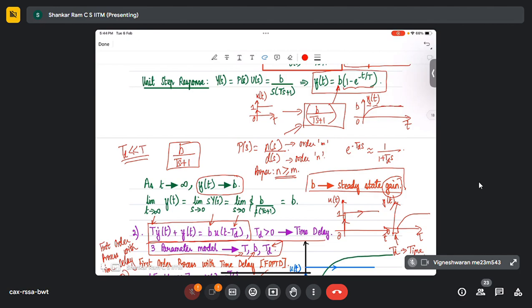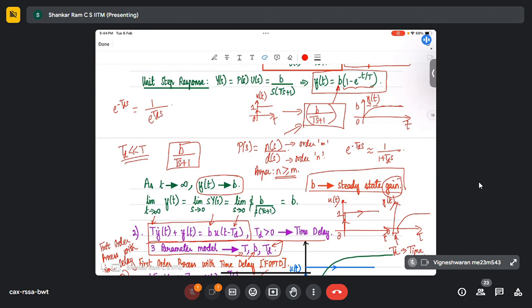Sir, actually, if we write e power minus TDS equal to 1 by e power TDS, that will go into the denominator. But okay, I get what you're arriving at.